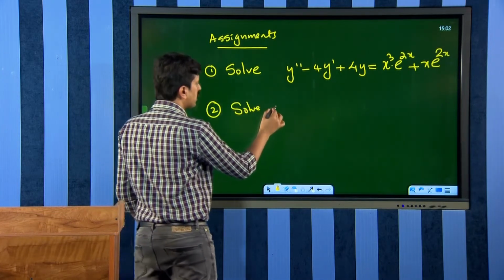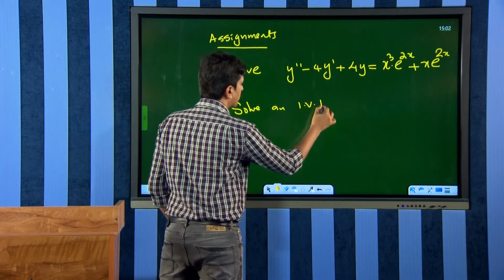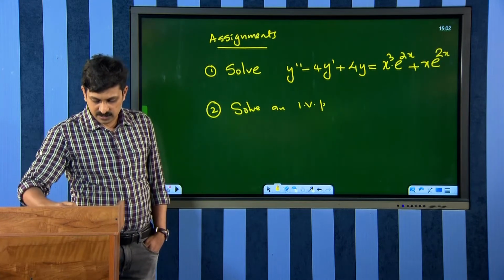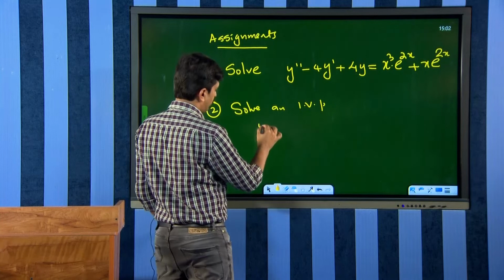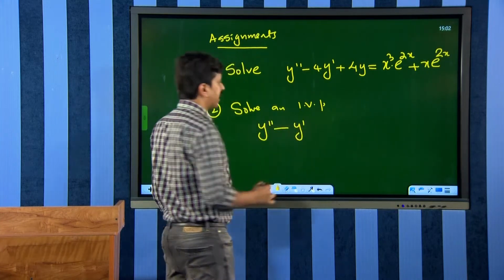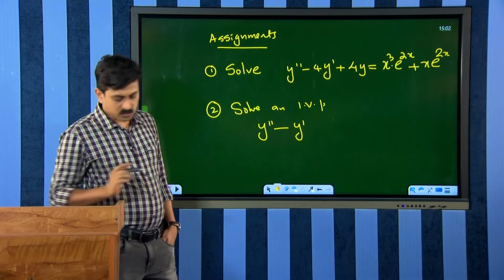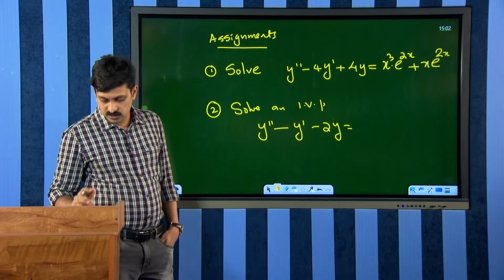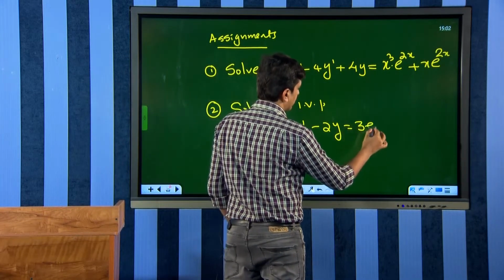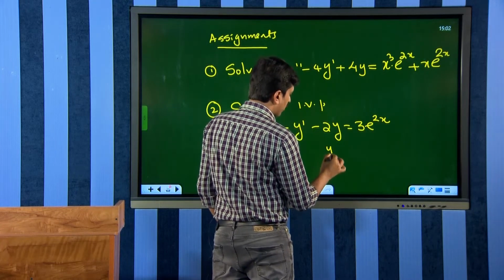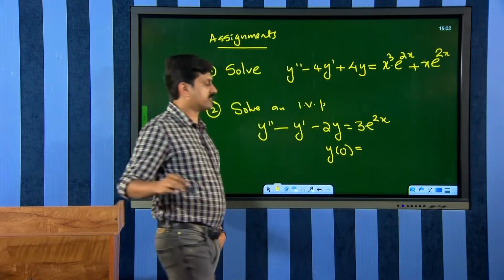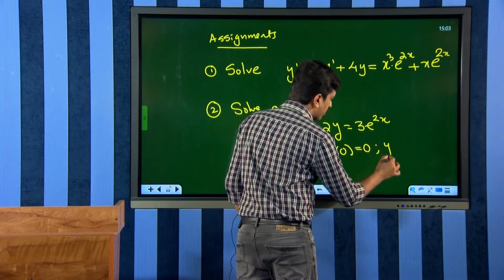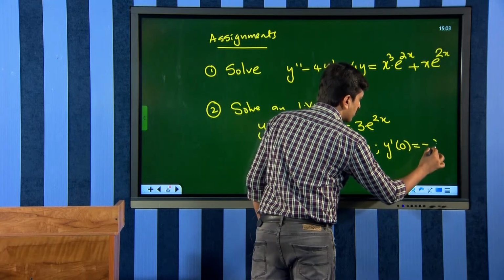Solve an IVP, the initial value problem. y double dash minus y dash minus 2y is equal to 3 e raised to 2x, where the initial conditions are y of 0 equal to 0 and y dash of 0 equal to minus 2.